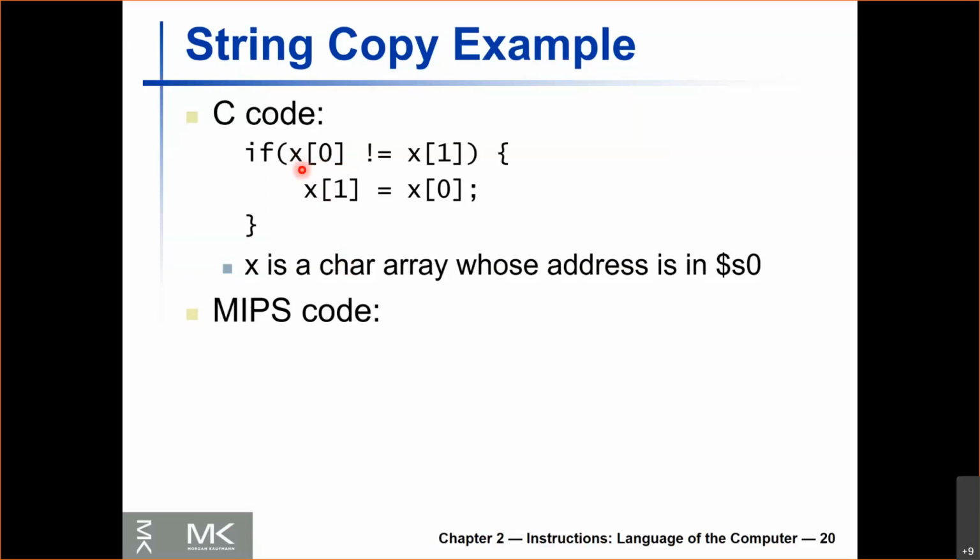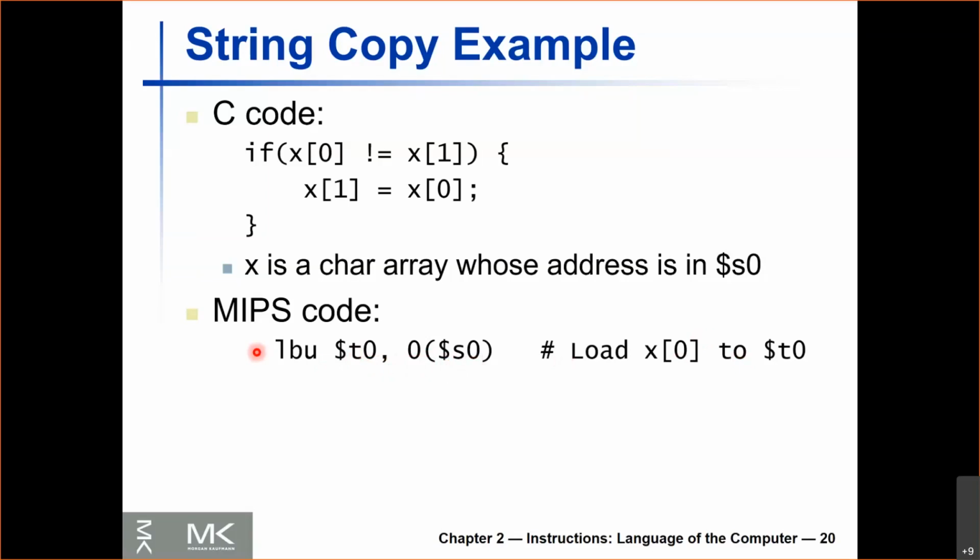The base register is x, so it's going to be S0, and the offset is 0. So we're going to do load byte unsigned, accessing it from 0 of S0, and we're going to save the value we loaded in a temporary register. So we're going to load x[0] to T0.